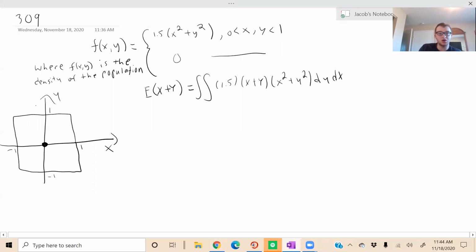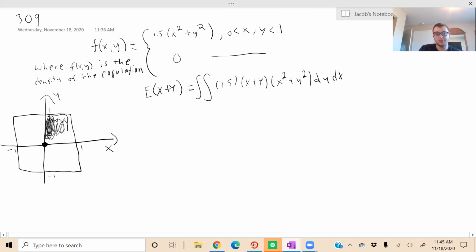I've already drawn the city. So this is the city's borders. We're asked to find the expected value of a randomly selected person's route to the city hall, which is at the origin. From our density, we can see that x is greater than 0 and y is less than 1, so the only place where people are living is up here in the first quadrant.